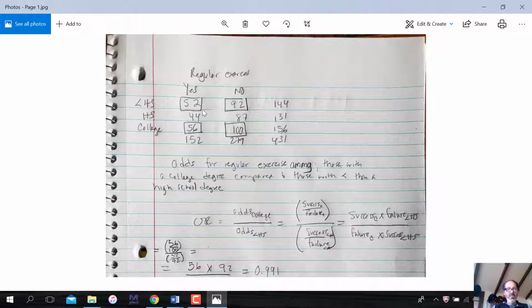Now these are raw numbers, they're not probabilities. And I don't need to calculate the probabilities because, honestly, the probability of regular exercising if you're in high school is 52 divided by 144. But if I were to calculate this odds ratio like that, these totals would actually cancel out, so I don't need them.